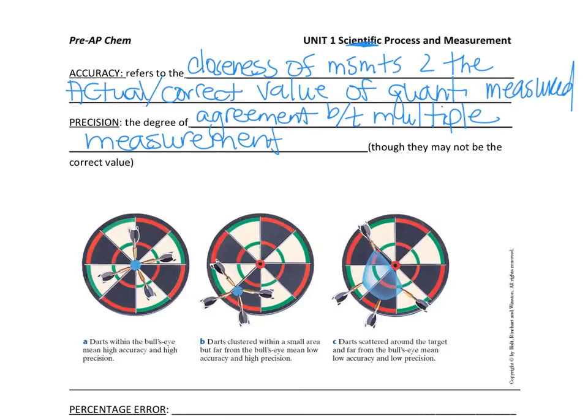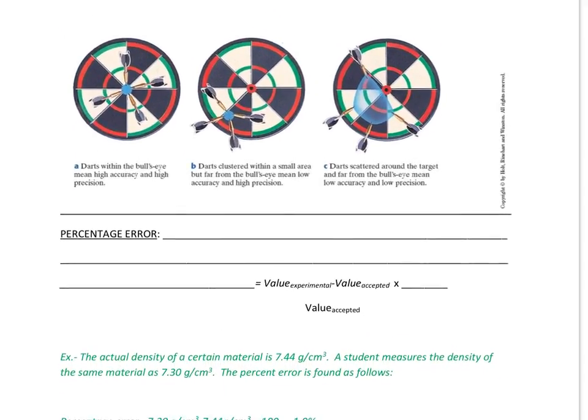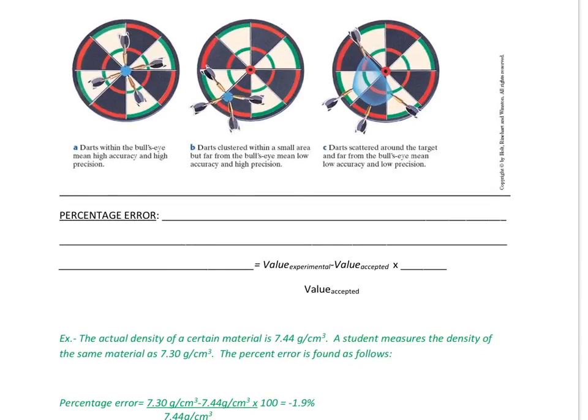So the dartboard is a good visual for this. You've got darts all right here, right in the bullseye. That means that you have high accuracy because the bullseye is what you're shooting for, and high precision because they're all a very tight group. Part B here, you've got a tight group of darts.